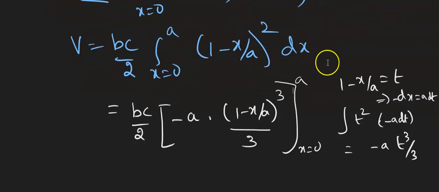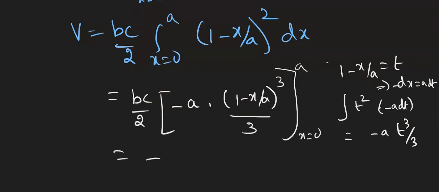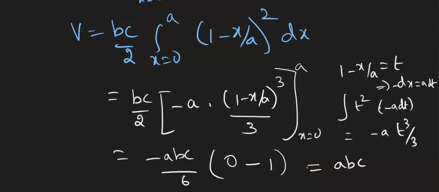So you will get minus abc by 6 into, when I apply the upper limit, 1 minus 1 by a, that you will get 0, minus when I apply the lower limit, this 1 by 3 we have taken outside, so you will get minus 1. So because 1 minus 0, finally we will get abc by 6 cubic units because we are finding the volume.